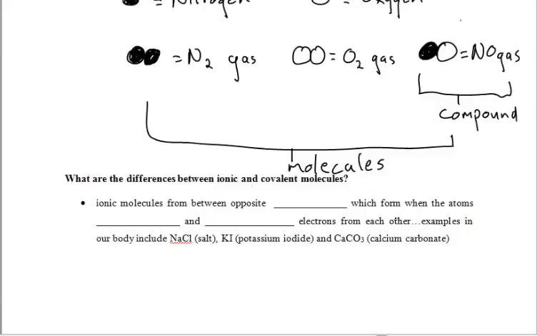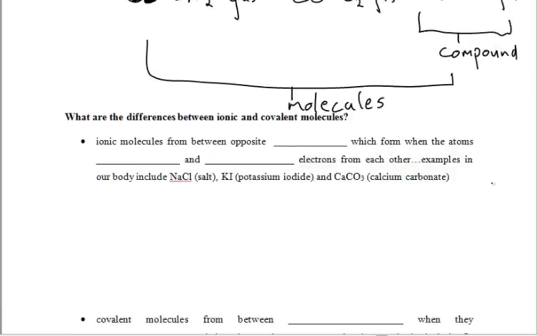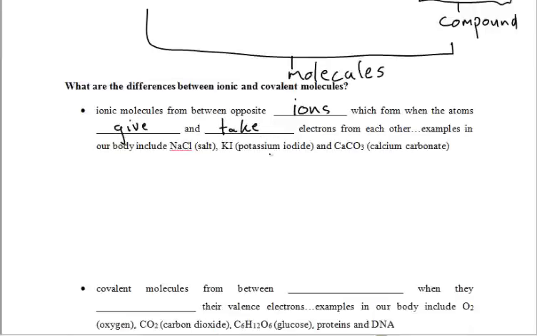So what is the difference between ionic and covalent molecules? This is going to become relevant because we will encounter them repeatedly throughout the course. Ionic molecules form between opposite ions, which form when the atoms give or take electrons from each other.